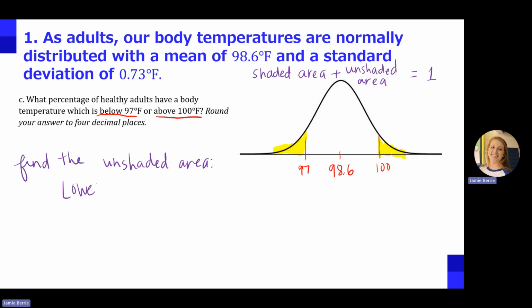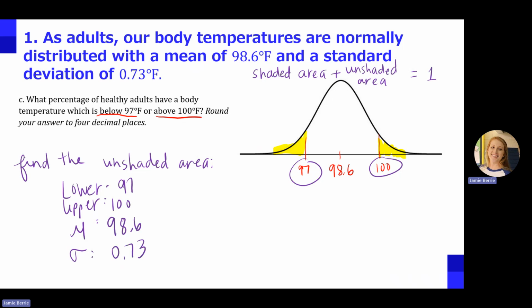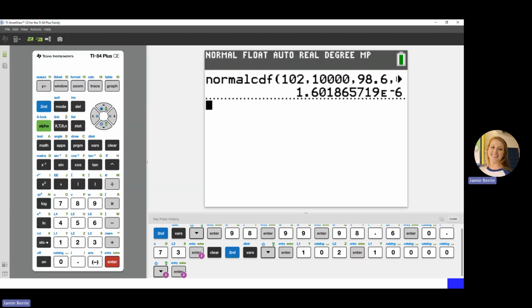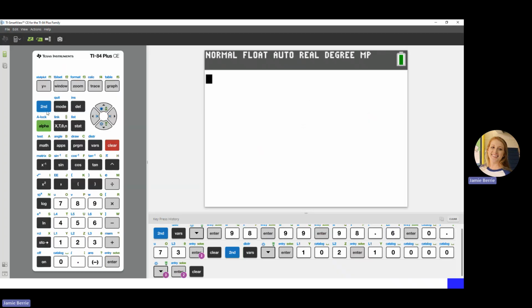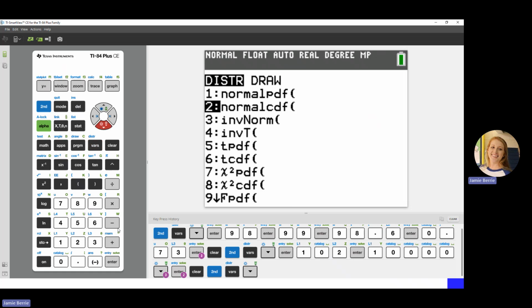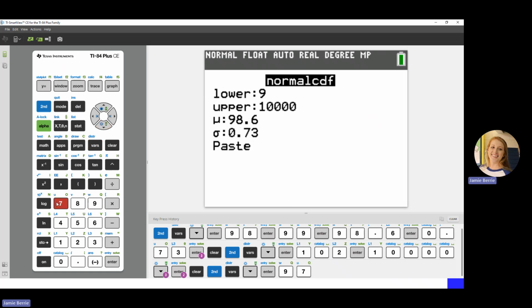So lower, upper, mean, standard deviation. My lower bound would be 97, upper bound would be 100, so I'm just going in between these two values. Mean is still 98.6, standard deviation is still 0.73. All right, let's grab our calculator. Clear this out, go to second vars, going in between 97 and 100.